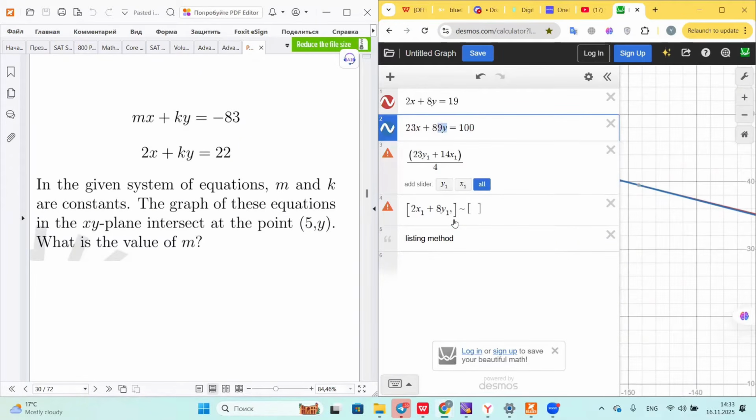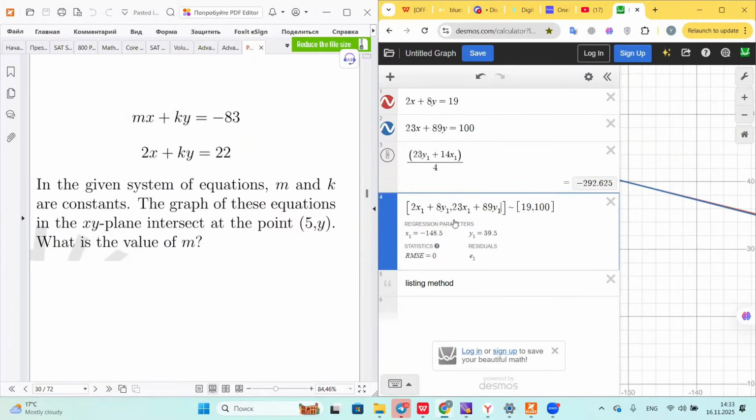Let's take this one as well, and this is equal to this part, because it's the left-hand side. The first expression equals 19, and the other expression equals 800. Here x1, y1 makes the problem.